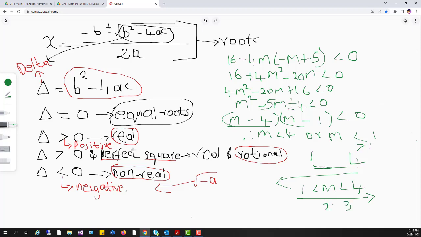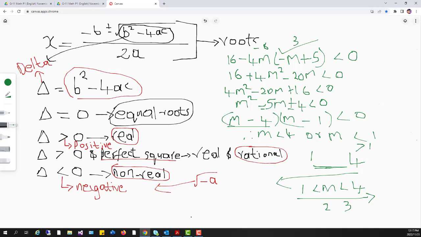So if you take 2 out, substitute 2 into this value, if it gives you a negative, you can do it in your calculator. If it gives you a negative, then we know that yes, we have proved that it's non-real. All right, so let's see. 2 times minus 4 is going to be minus 8, and then minus 2 plus 5 is 3.